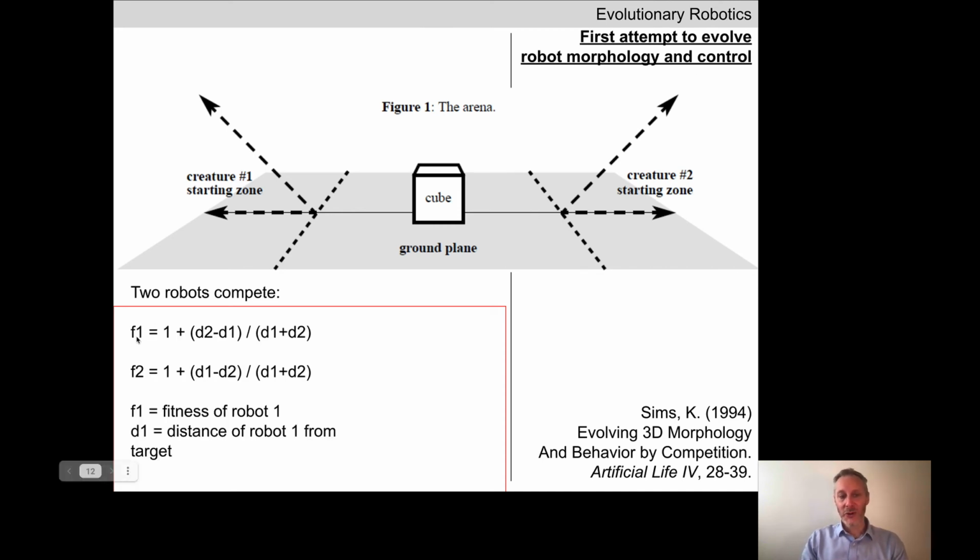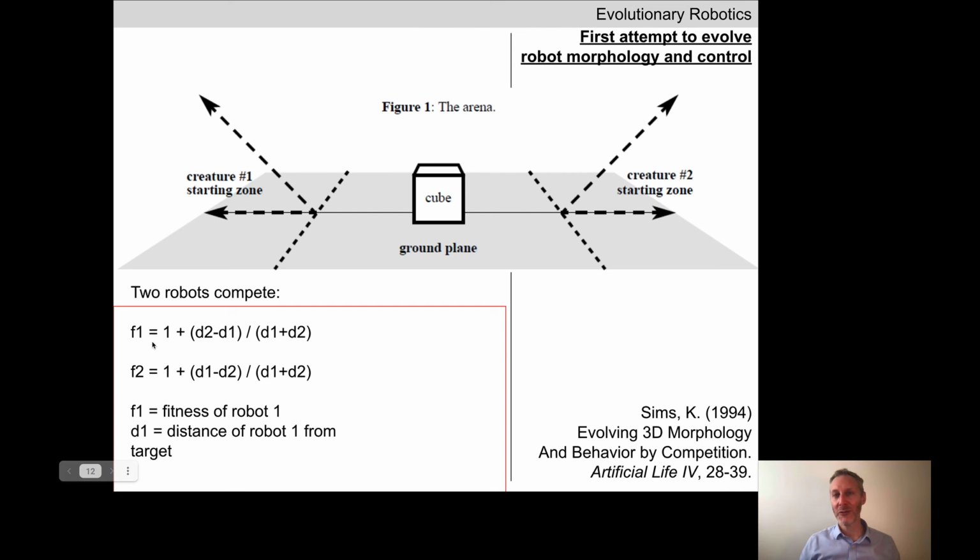So the fitness for creature 1 is, in this case, D2 minus D1. Creature 1 wants to maximize D2, the distance between creature 2 and the cube, and creature 1 wants to minimize the distance between itself and the cube. Same thing for F2.